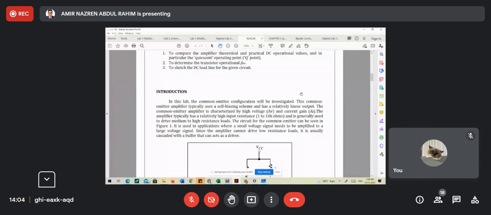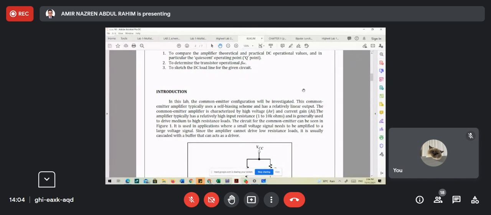So for the introduction, in this lab the common emitter configuration will be investigated. So we will do the common emitter like we commonly learn in lecture. This common emitter amplifier typically uses a self-biasing scheme and has a relatively linear output.